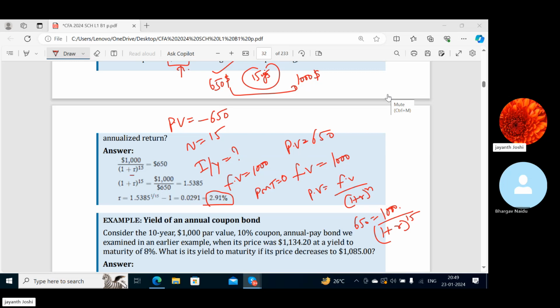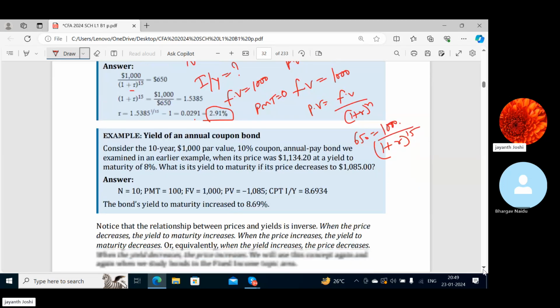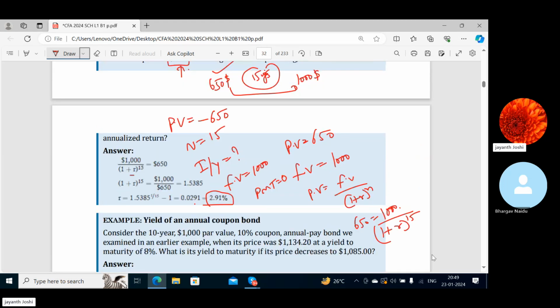I'll send a screenshot to you. Yes, sir, I also got 2.91. So instead of going for lengthy methods, better to do it this way, right? Shall we move forward? Do this question with your own skills.